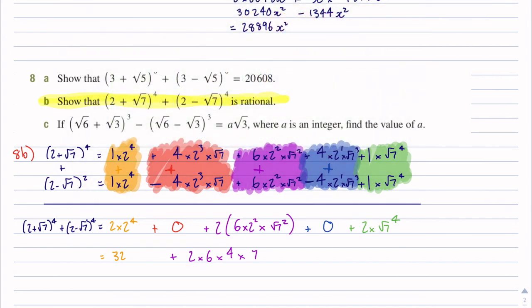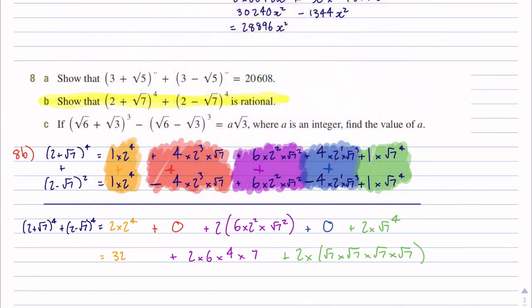And then plus 2 times root 7 to the 4, which is the same as 7 squared, because that's root 7 times root 7 times root 7 times root 7.